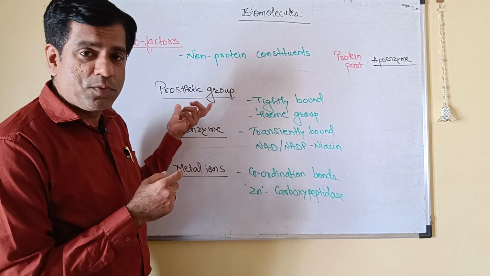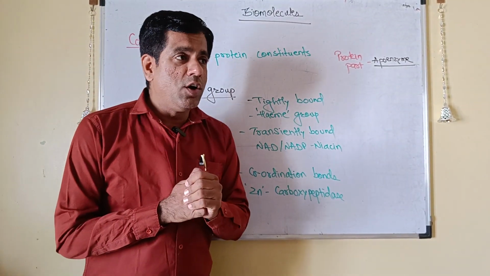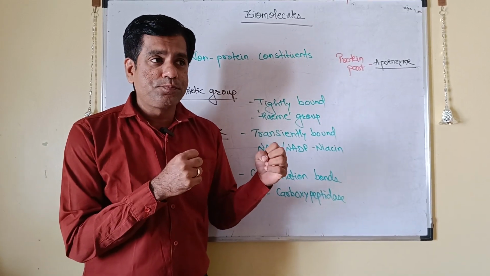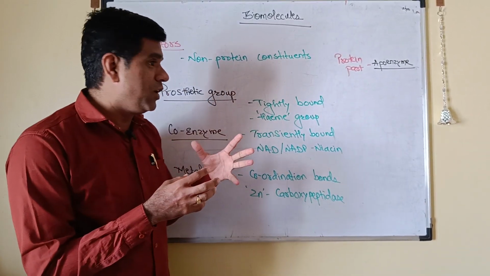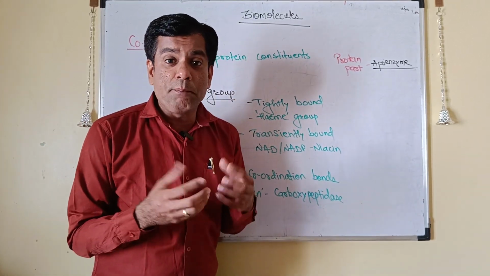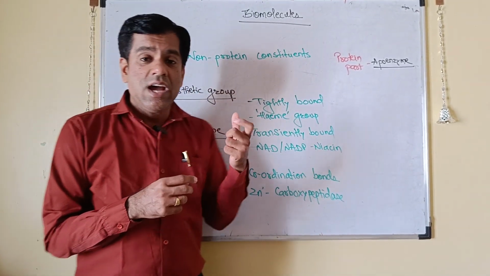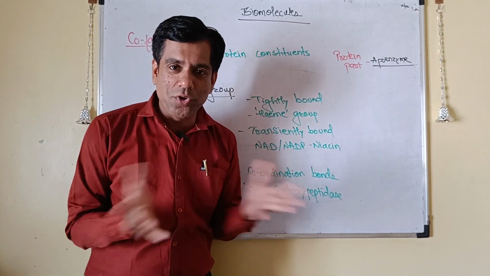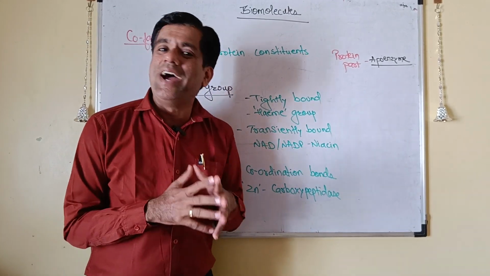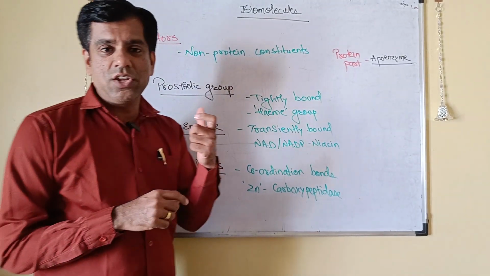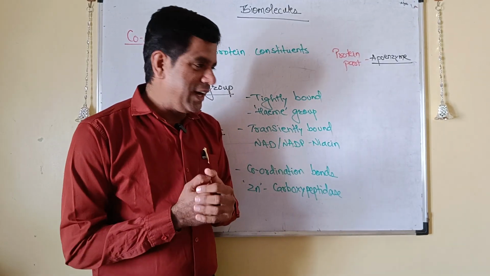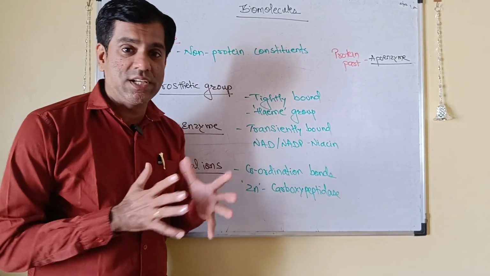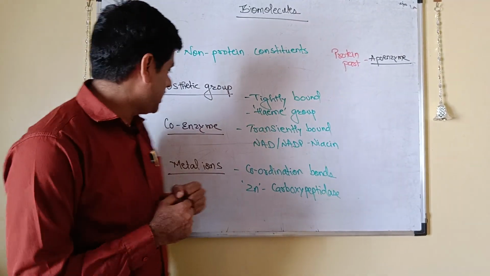To take an example, you have the heme group, which is very tightly bound, an integral part of the active site of enzymes like catalase and peroxidase, which catalyze the breakdown of H2O2, hydrogen peroxide, to H2O and oxygen. So catalase and peroxidase have this heme group as the prosthetic group.